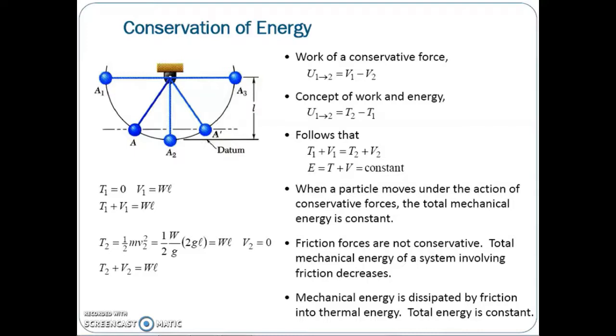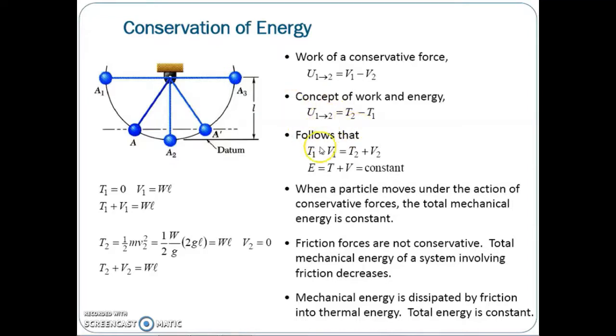When a particle moves under the action of conservative forces, the principle of work and energy can be expressed in a modified form. So U1-2, previously from the concept of work and energy, is equal to T2 minus T1, and under the conservative force, U1-2 is equal to V1 minus V2, whether it is Vg, the potential energy of the weight, or Ve, the potential energy of the elastic force.